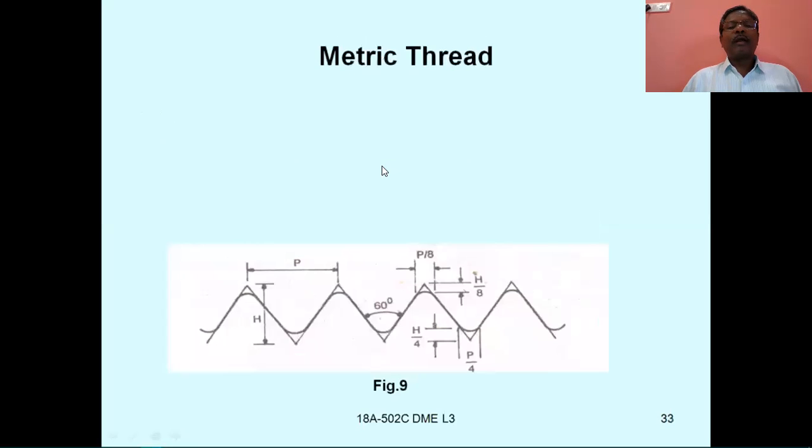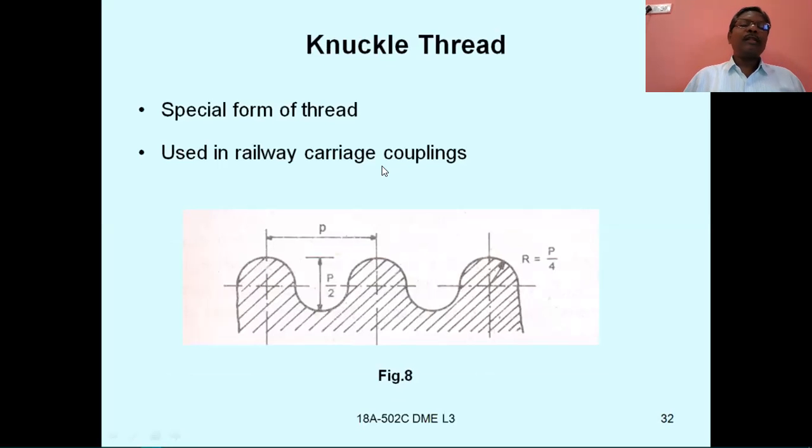Acme thread, square thread, buttress thread, knuckle thread, and also trapezoidal thread are all used for power transmission purposes. Among all these, square thread is the most efficient and Acme thread is the strongest.